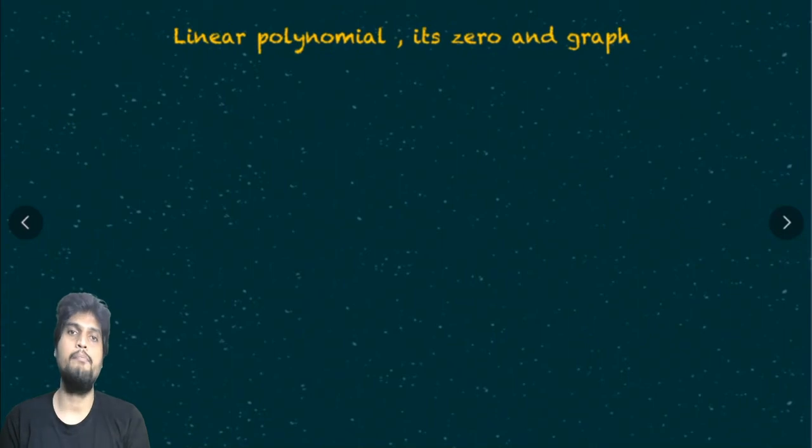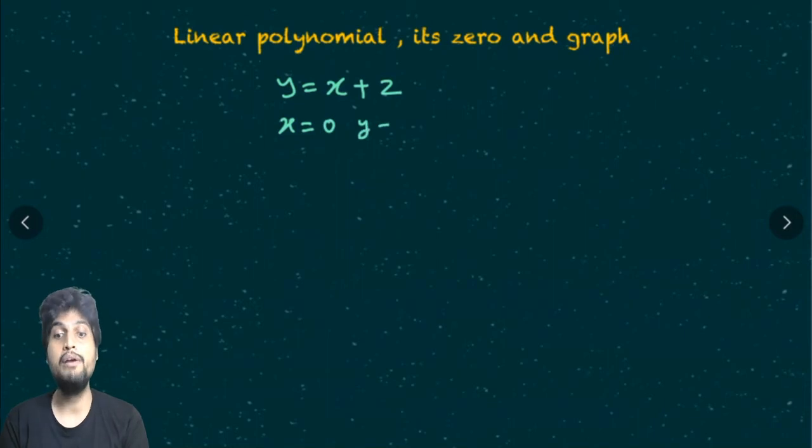Now, let's see one example. Let's take a simple linear equation, y is equal to x plus 2. Now, if we keep putting different values of x, what do we get? If I put x is equal to 0, y will be equal to 2. If I put x is equal to minus 1, I will get y is equal to 1. If I put x is equal to minus 2, I will get y is equal to 0.